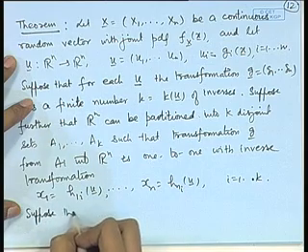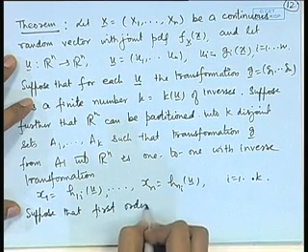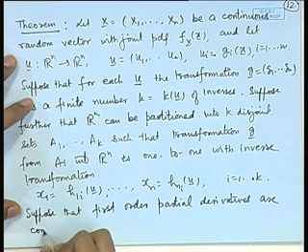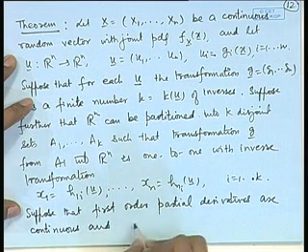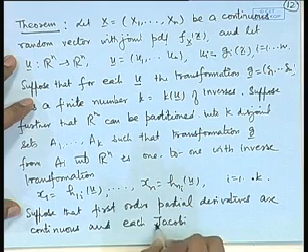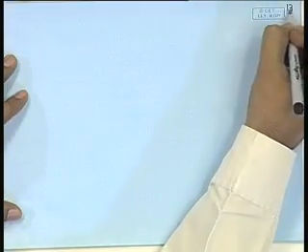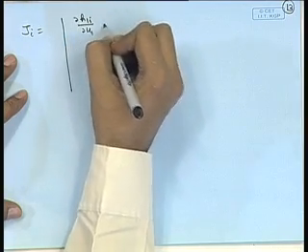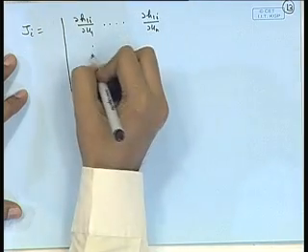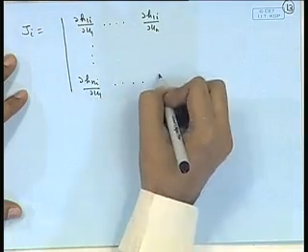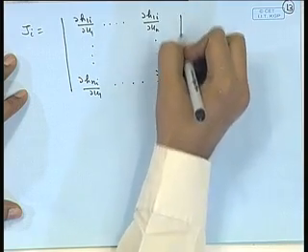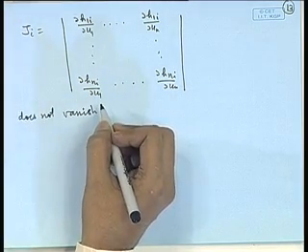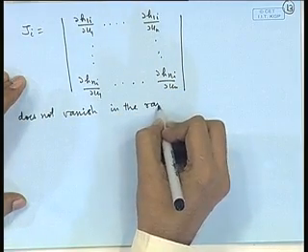Suppose that first order partial derivatives are continuous and each Jacobian, that is Ji, that is del h1i by del u1 and so on, del h1i over del un and so on, del hni over del u1 and so on, del hni over del un does not vanish in the range of transformations.